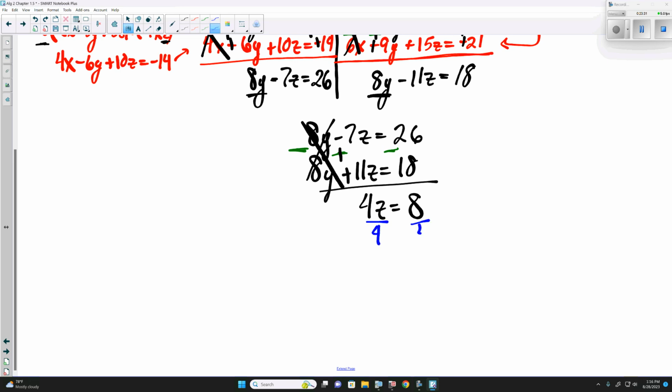By 4. 8 divided by 4 is? So we have our first part of our answer. 2. And that part of step 3 makes sense. Solve. We're just solving for z. We're solving for whatever variable we have left.